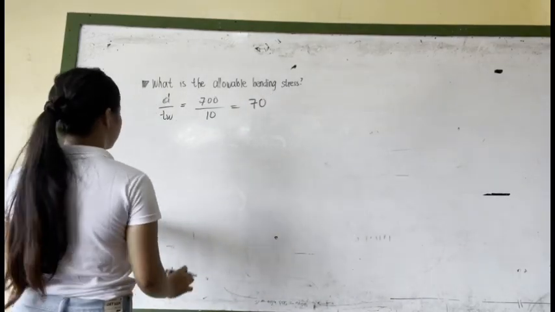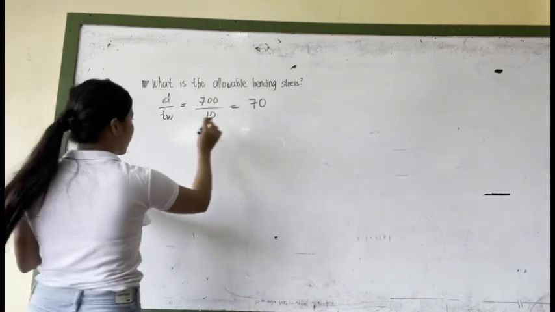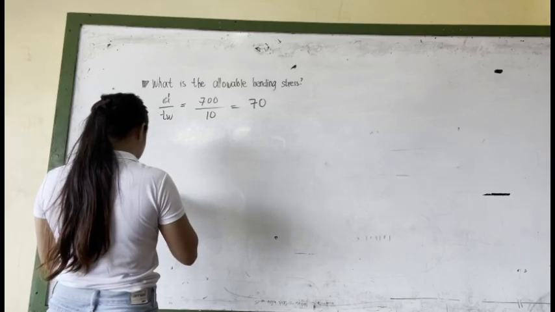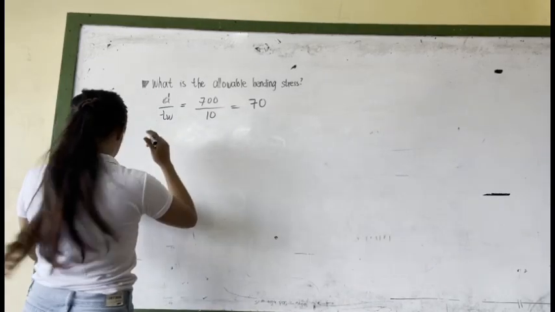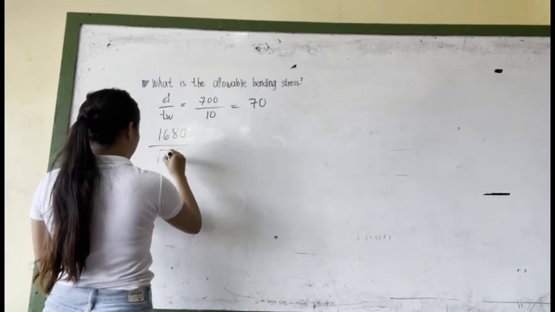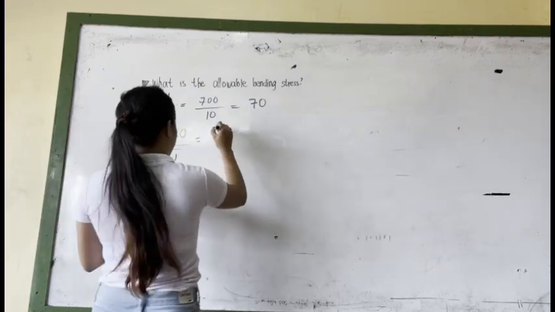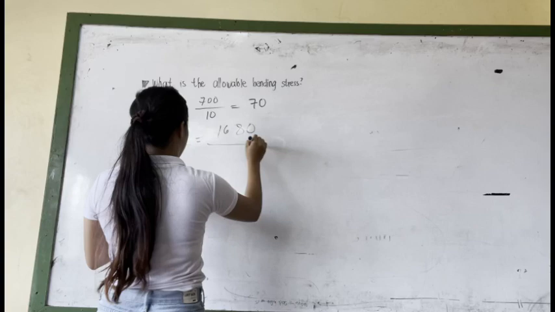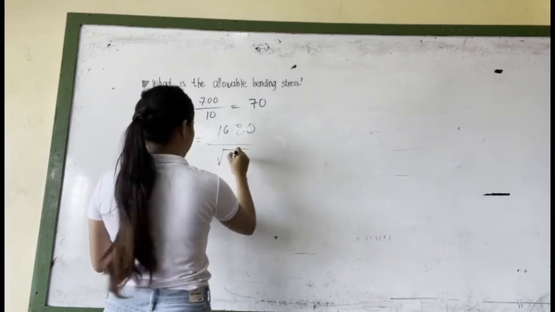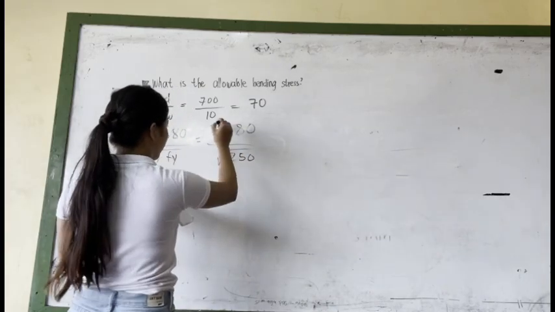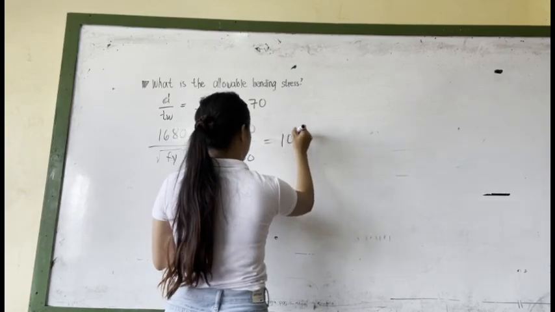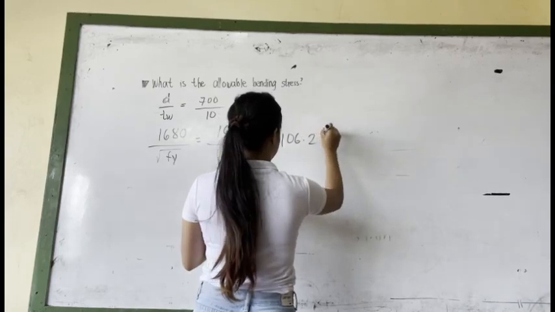And now, in order to get the Fy, we have 1,680 over square root of Fy. So 1,680 over square root of Fy, where Fy is 250. And if we calculate this, it will result to 106.25.